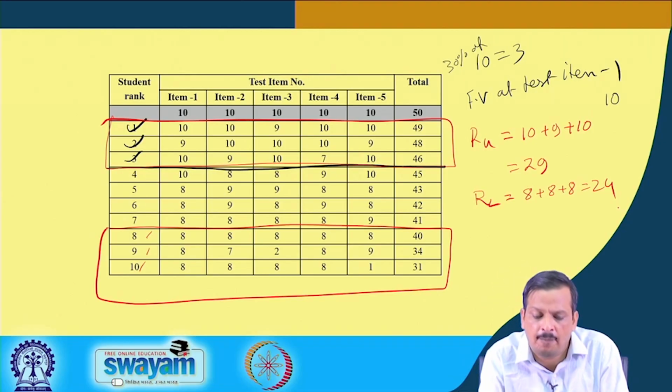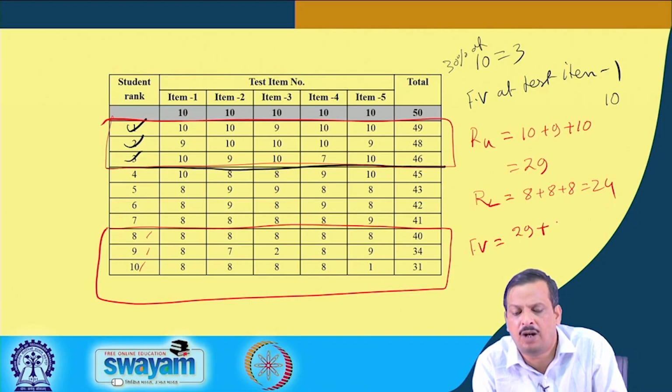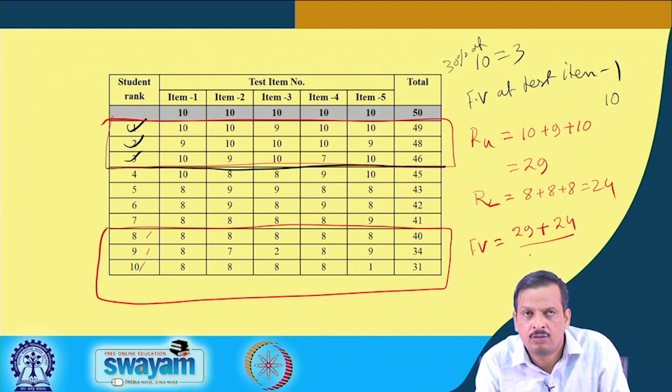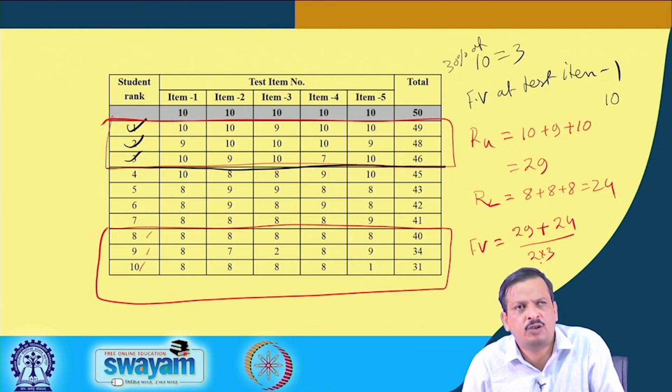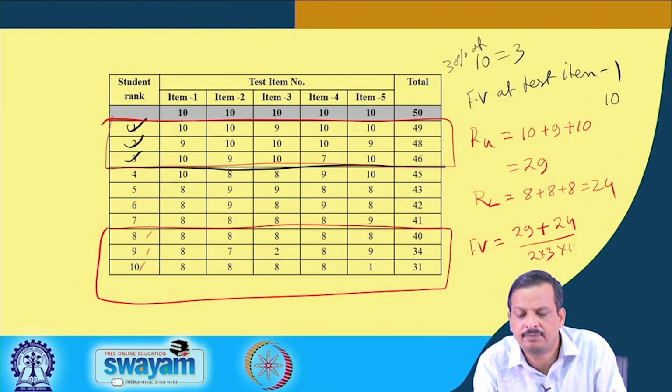So, what is the value of FB? FB is equal to marks obtained by upper group RU 29, plus marks obtained by lower group RL 24, divided by the total group size. What is the total group size? 2 into 3, 6 students, and what is the highest marks of the question? 10.